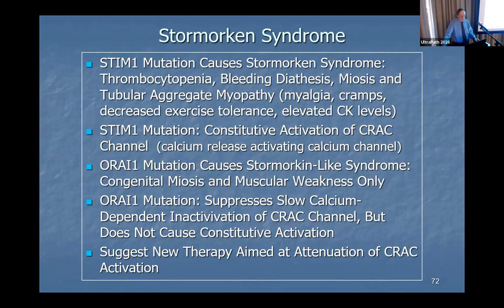This is due to the fact that the calcium release-activated calcium channel is activated within these individuals. ORAI1 causes a Stormorken-like syndrome, which is congenital miosis, and the muscular weakness is a less prevalent finding than what you see with Stormorken as well. Both of these have activation of the CRAC channel.